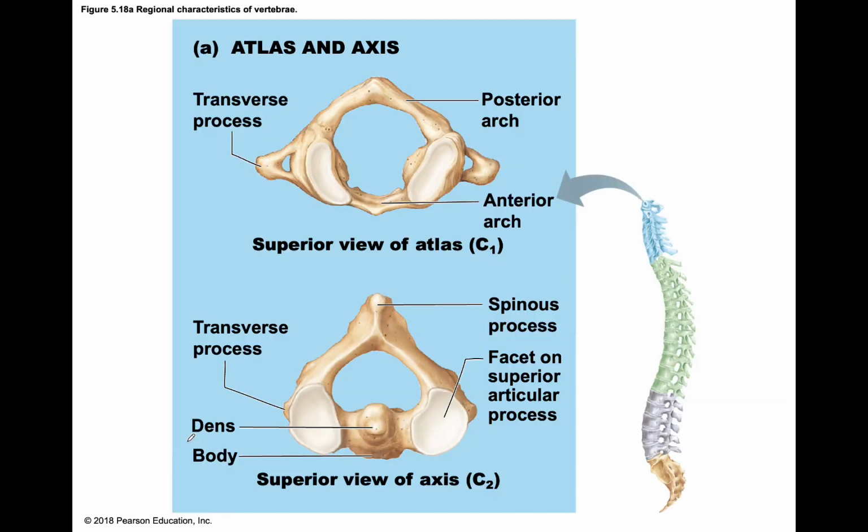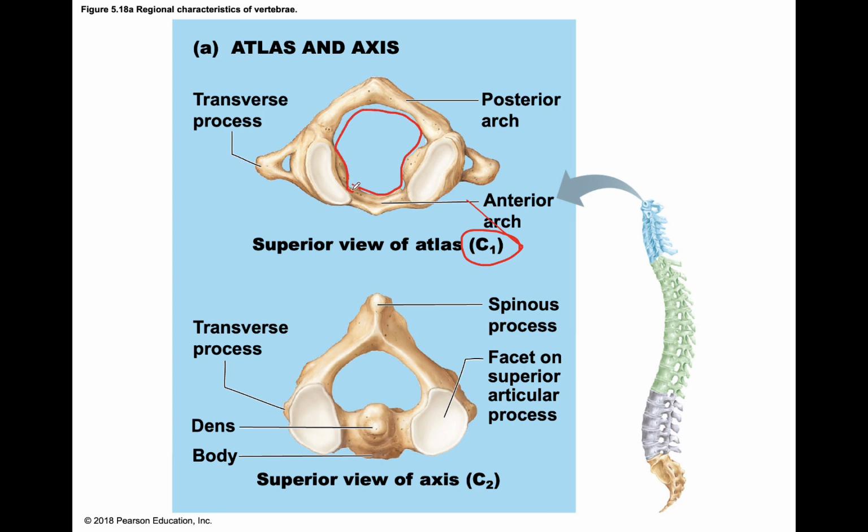Before we get into those vertebrae, the first 2 vertebrae of your vertebral column are very special, and they're called the atlas and the axis. The atlas is the first vertebrae. We call it C1. Because it is the first vertebrae, it holds the thickest part of your spinal cord, which means this foramen needs to be the largest.